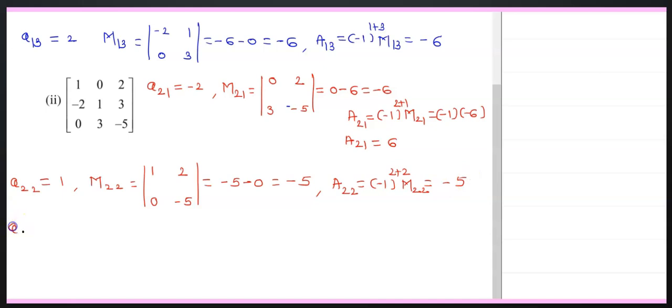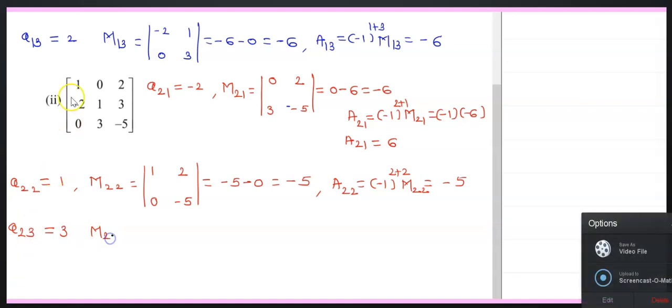Next, A23. Now this is again very interesting. A23 element. See this upward direction and downward direction. These two will be deleted, and in this direction horizontally. Then what are the remaining elements? This is 1, 0, 0, 3.